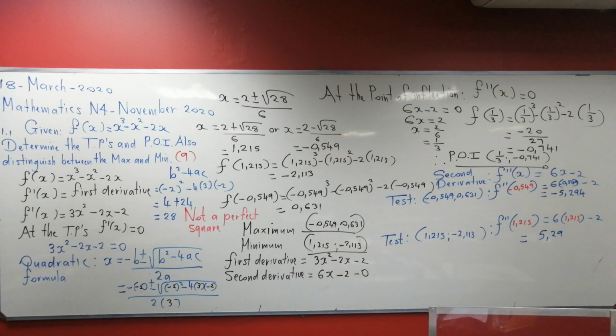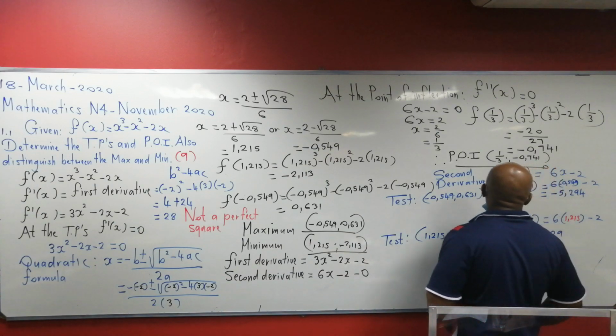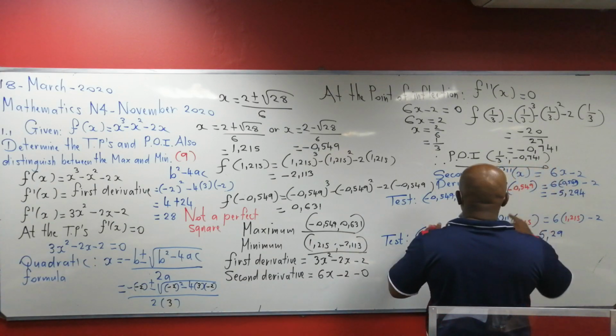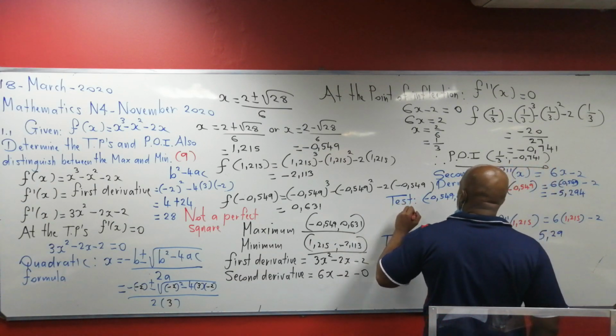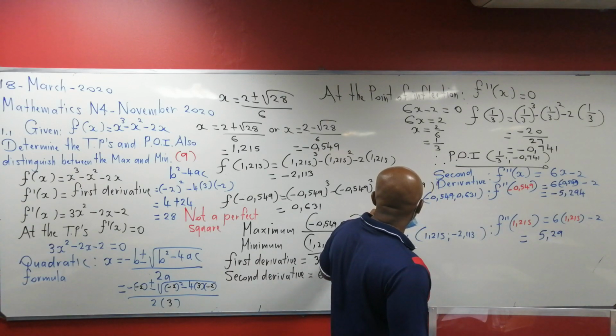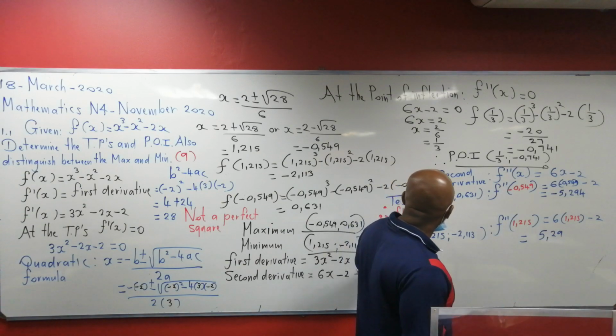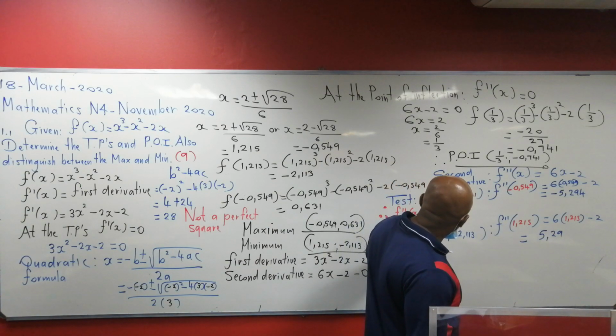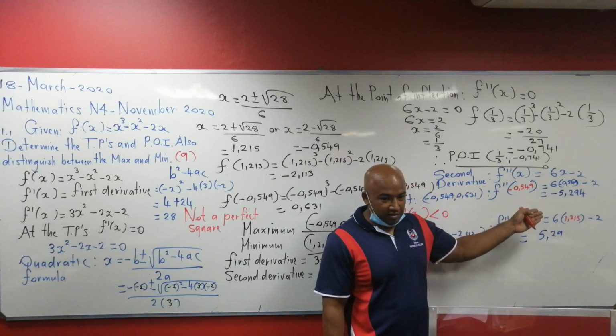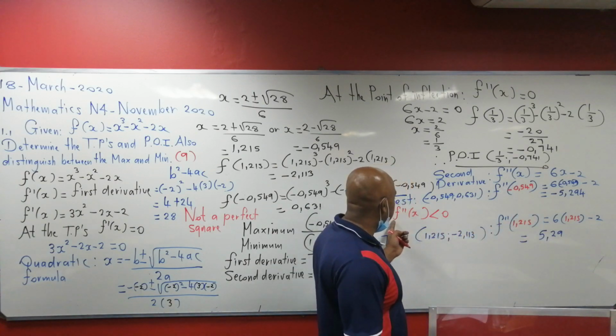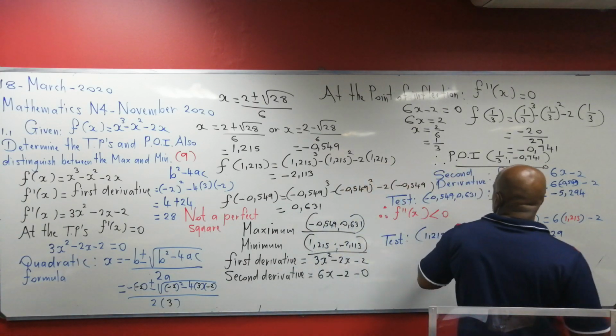Okay, so you do the substitution and you can say for this one here, therefore f double prime of x is less than 0, that means it's negative.